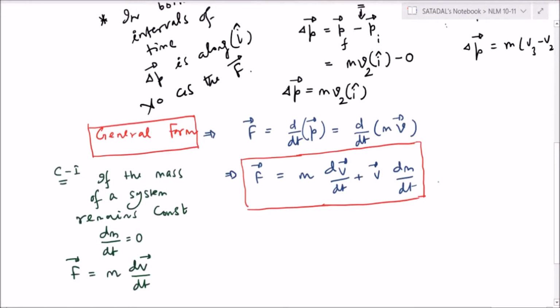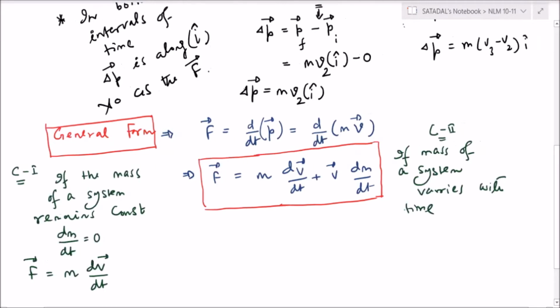Case 2. If mass of a system varies with time. Now remember, when I'm saying mass of a system varying with time, I'm not talking about the relativistic zone.